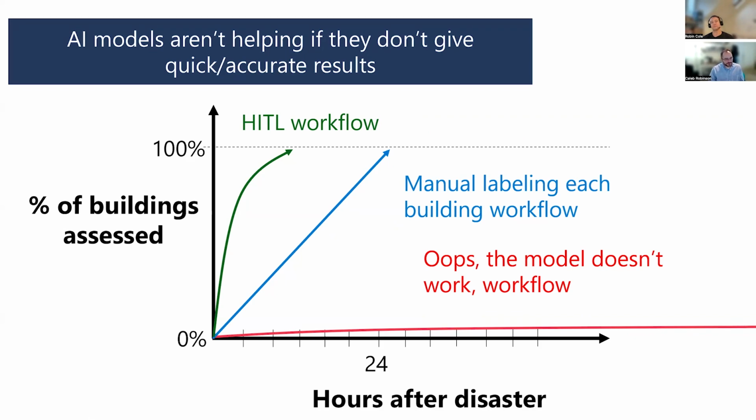You go one by one, maybe 10 seconds per building, and you can eventually get to that 100% line. And where we want to be is this green line, which is a human-in-the-loop workflow where human labelers, domain experts, can tune the models for a specific disaster and have this low-variance way of getting results reliably and of good quality.